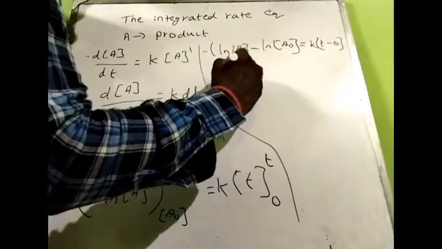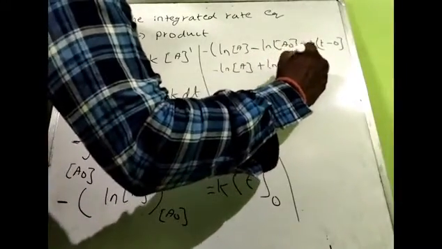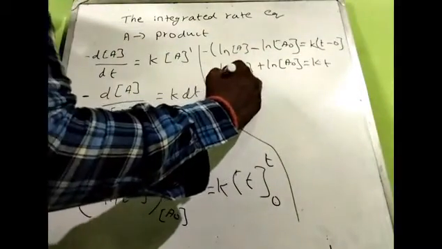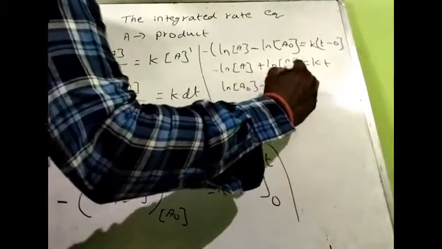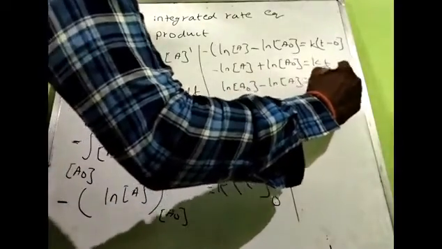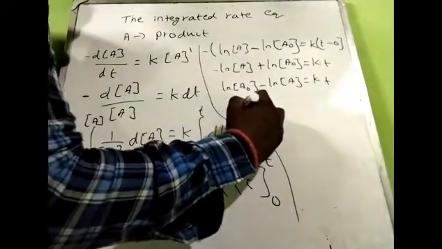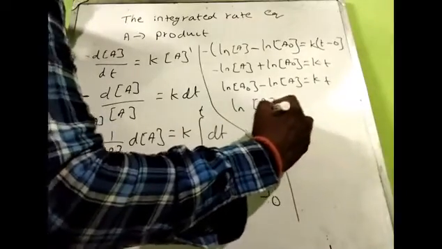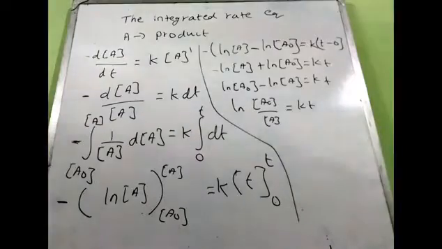So minus log a plus log a naught equals kd. Then exchanging the sides is also fine: log of a naught minus log of a equals kd. If we take log common, then a, with the negative value, is written in the denominator, equals kd.